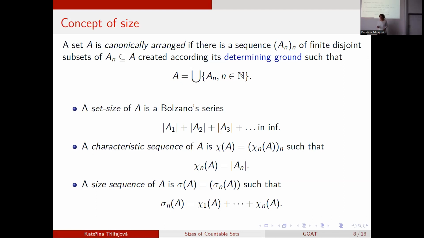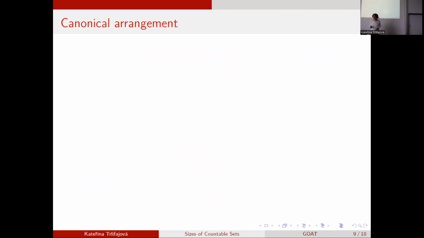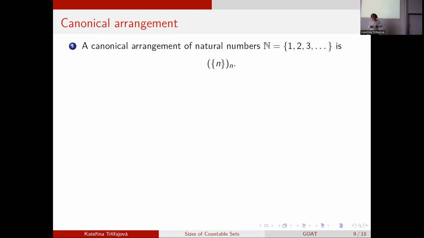So now the problem of canonical arrangement. We can define it for natural numbers this way. The nth component contains exactly the number n.